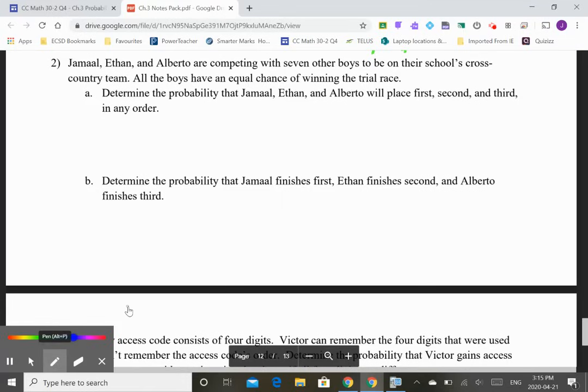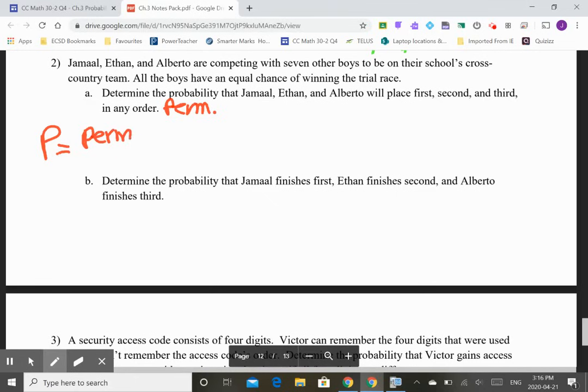Well, we are definitely talking about a permutation here. We're talking about first, second, and third position. We're talking about order. This is going to be a permutation. Probability is our number of favorable over our number of total. Our favorable comes from the number of permutations with the given restriction. So that's the number of permutations that have Jamal, Ethan, and Alberto in those three positions, in first, second, or third.